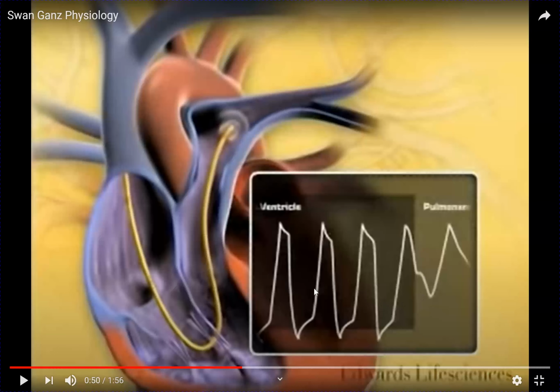Whatever is happening on the left atrium or the left ventricle will be reflected on the pulmonary artery, because the blood coming into the left atrium and the left ventricle is coming from the lungs. So if there is congestion of blood in both lungs, it will be reflected on the pulmonary artery. Therefore, this is an indirect measure of the left side of the heart.